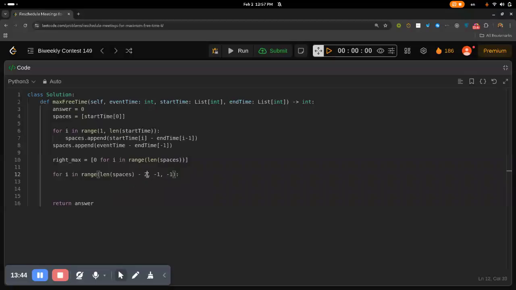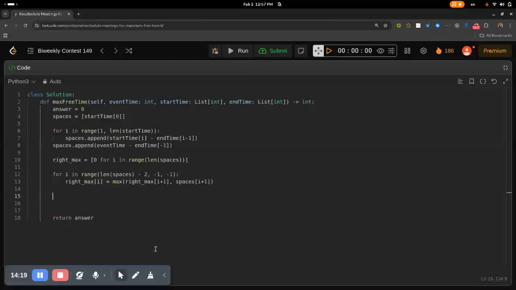And the reason we left 1 behind is that we are not considering the adjacent free spaces. That's the reason. And we say right maximum at current position is going to be maximum of right maximum before that, and the spaces before that as well. And it's going to be maximum of this.